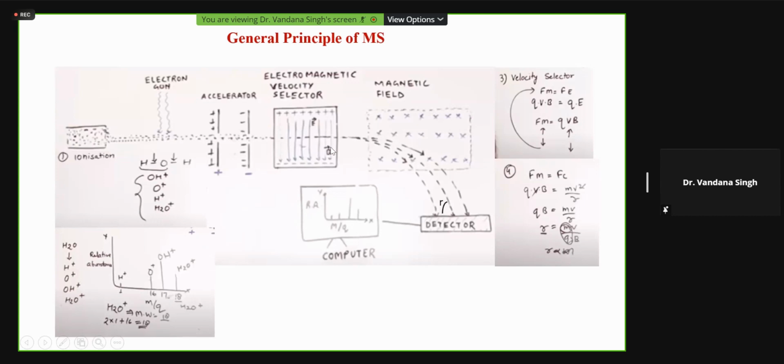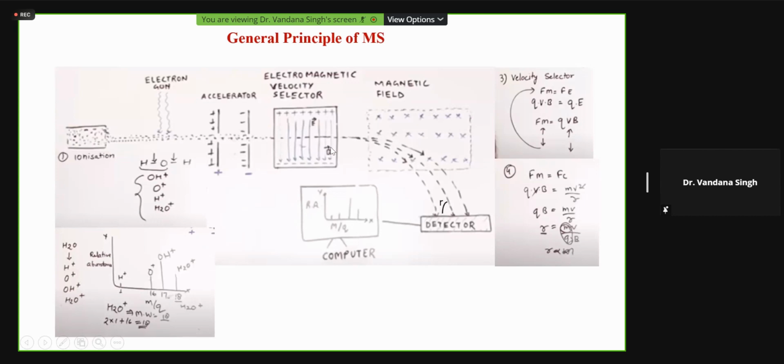What happens exactly in electron ionization is that high-speed electrons are bombarded on our gaseous molecules so that they knock out the outermost shell electrons, and the molecules become positively charged.